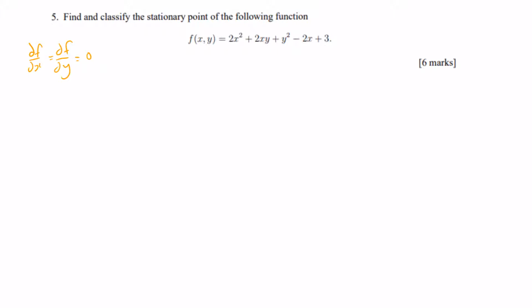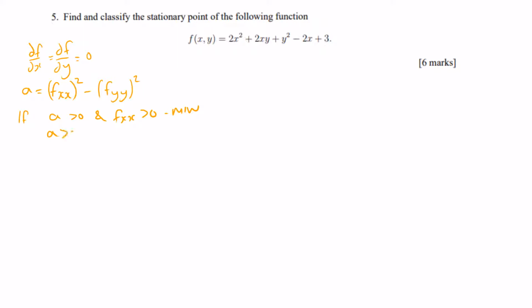After that, we need to classify it, and we have a set of rules as to when it's a maximum, minimum, saddle point, etc. If we call a our second partial derivative of f with respect to x, squared, minus the square of the second partial derivative with respect to y: if a is greater than 0 and fxx is greater than 0, then we have a minimum.